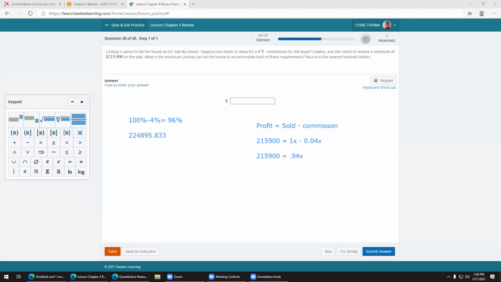And now if I want to solve for x, I divide both sides by 0.94. And now I am back to what I just said to do right there. And so we get our answer of 224,895.83.